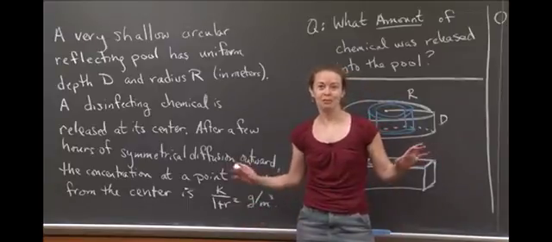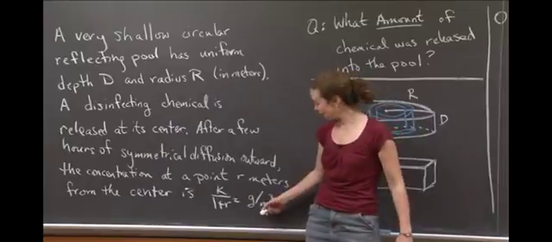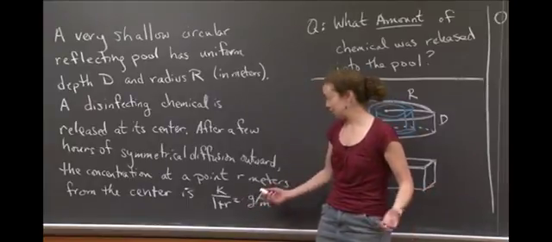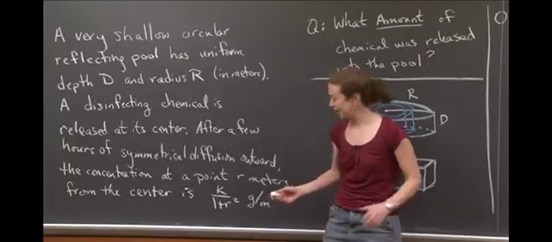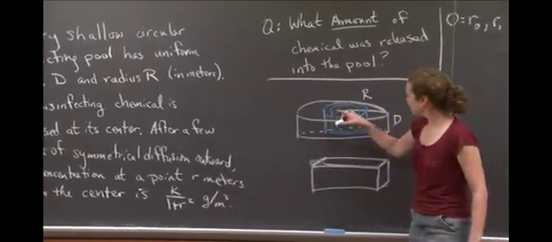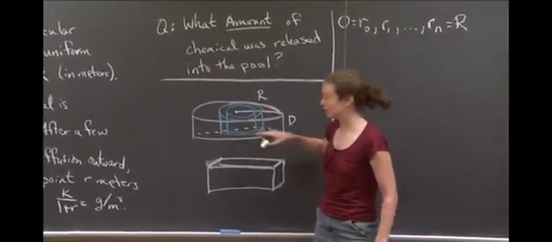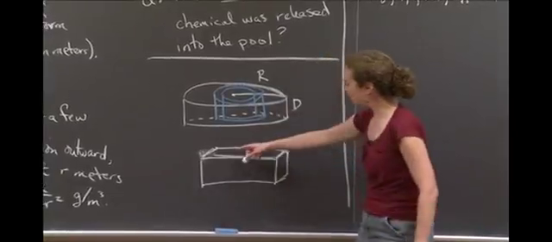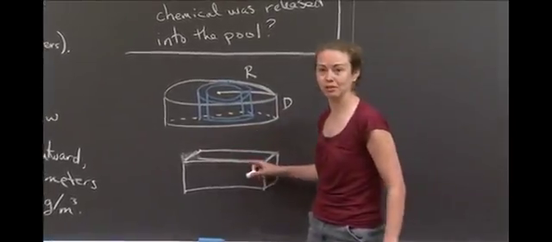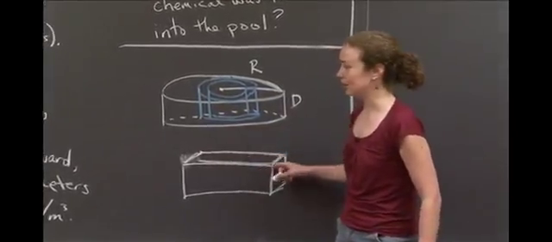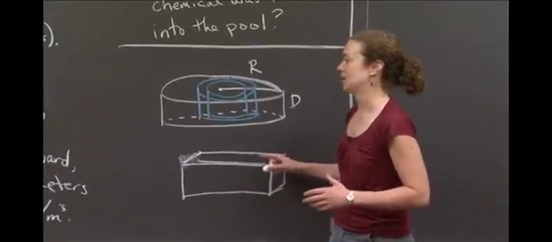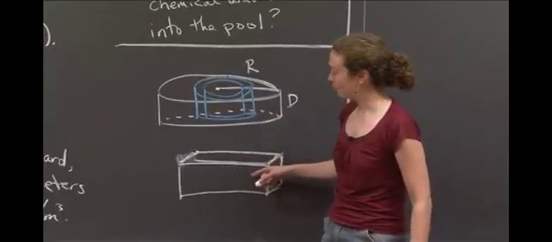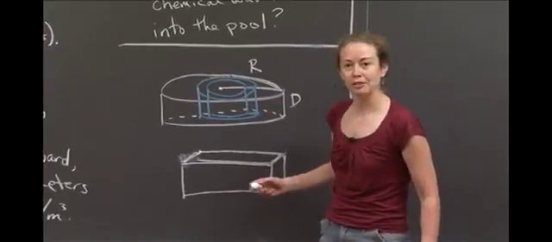So maybe you can think, oh, I need to understand the volume of something in order to solve this problem, right? Now, if we have n different partitions, so n shells that all started off as this blue type thing, and I open up and look like this, then I want to figure out the volume of these shells. Once I know the volume of that shell, I can figure out roughly the amount of chemical in that piece by multiplying by the concentration.